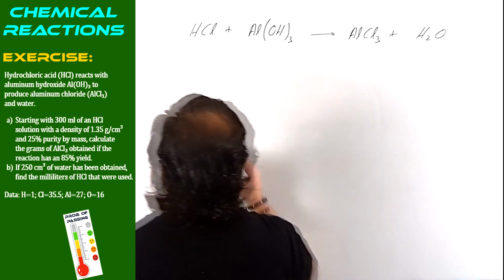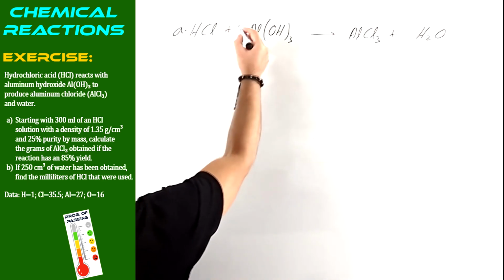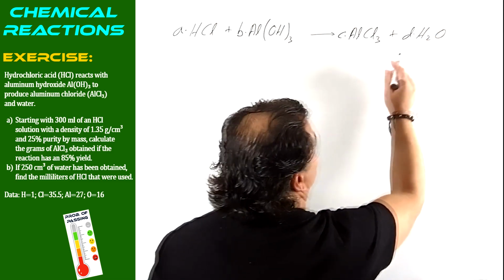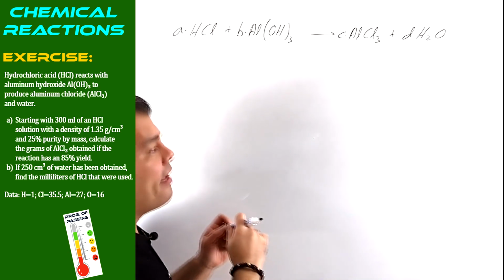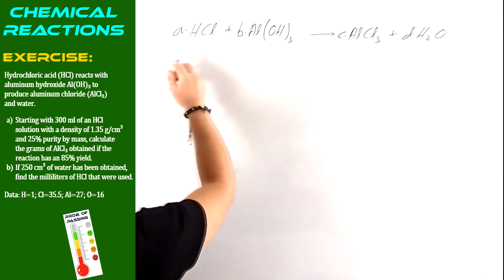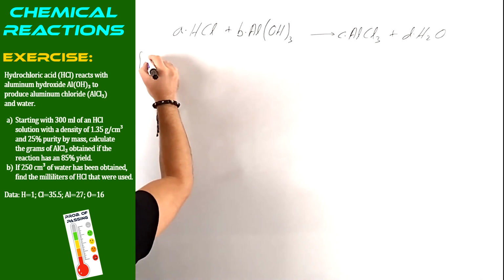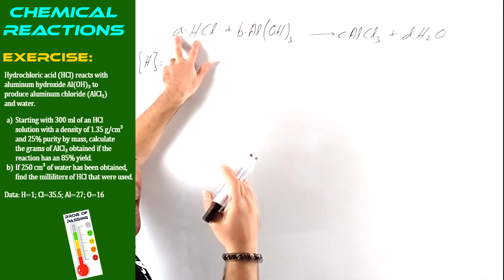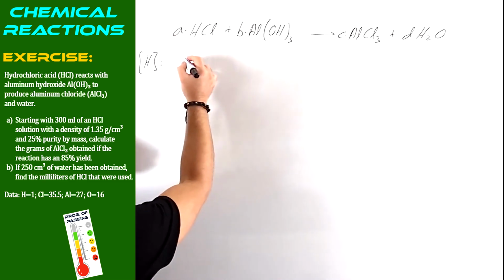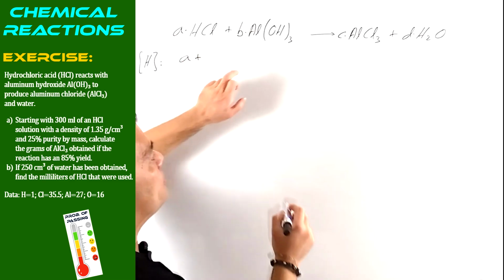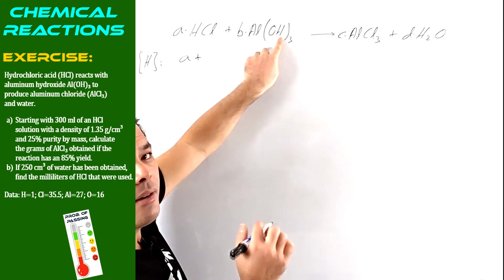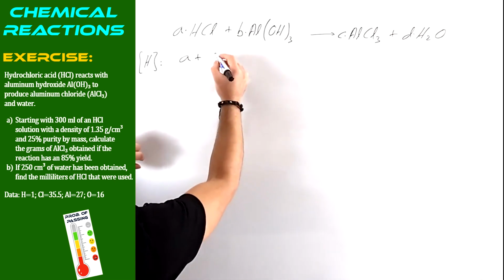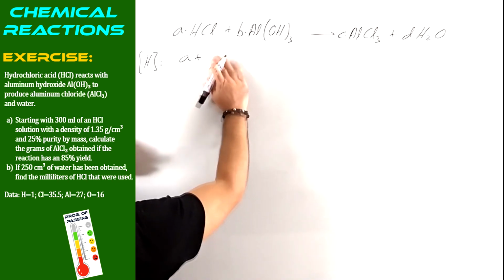The first thing we're gonna do is to place these letters, these variables here, that will help us to balance the equation. And how many hydrogen atoms do we find on the left side? Well, here we have A times 1, A, plus 3 times 1 is 3, but also multiplying B, 3B.